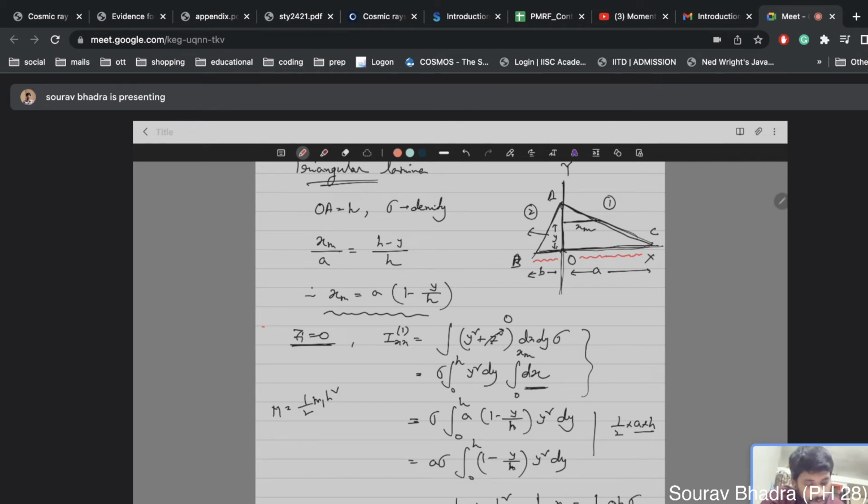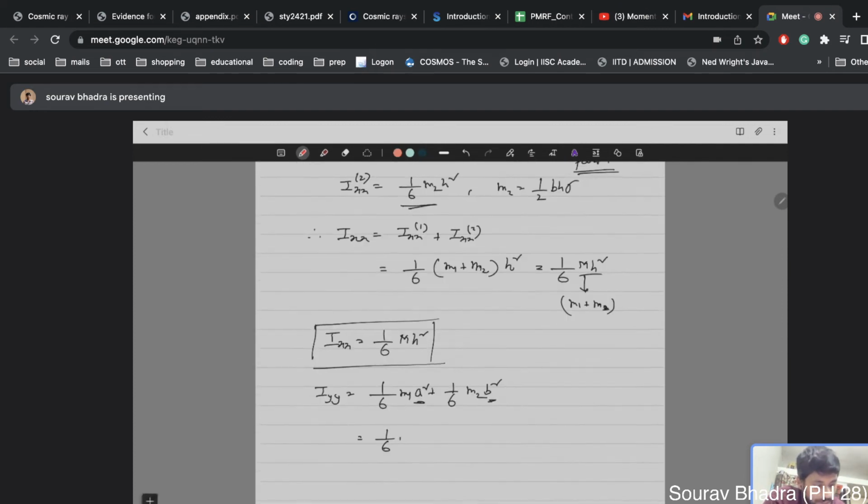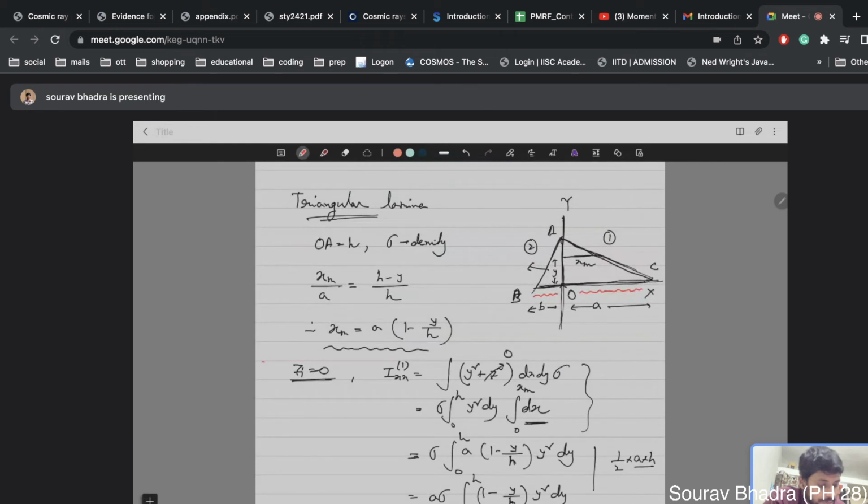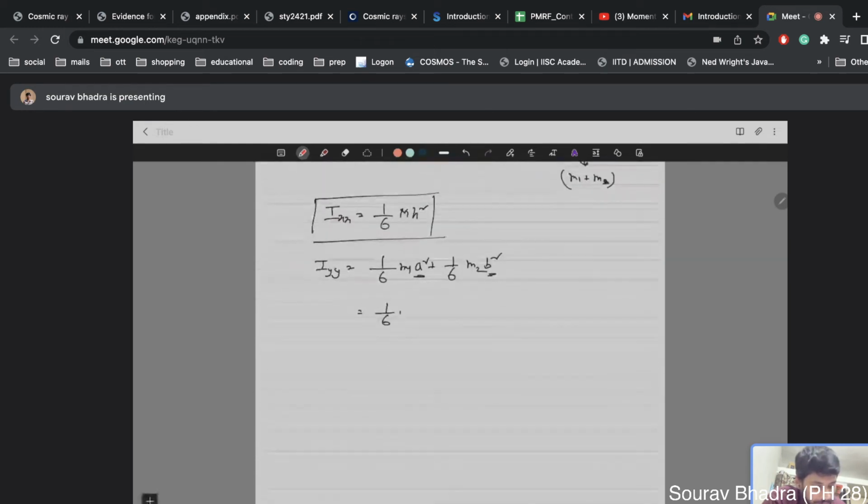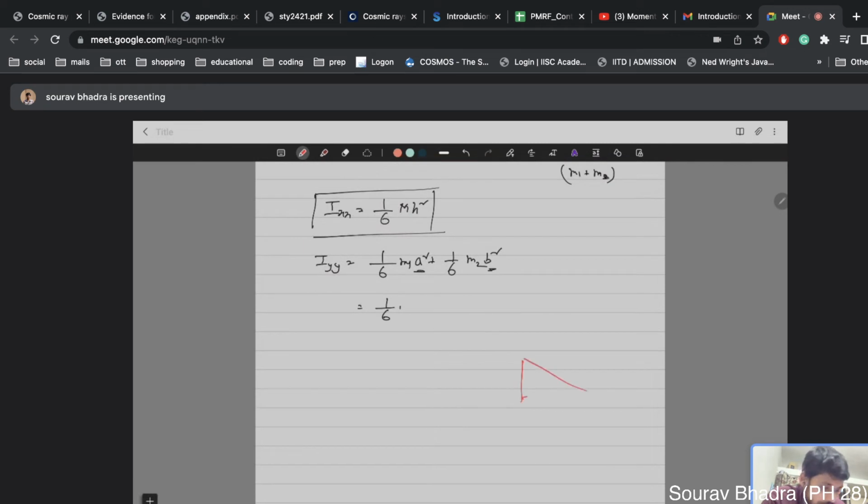Now if you calculate along y, then in that case your height will be a. So this was your part 1. When you are calculating with this x axis, your height was h, that's why you are getting half m1 h square. Now I am just trying to give you an idea.